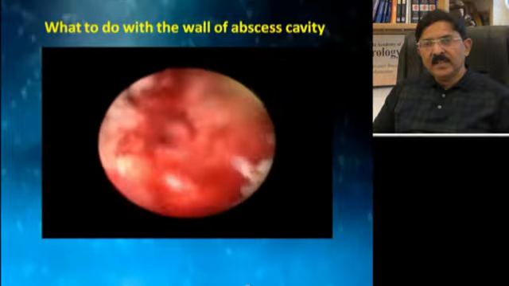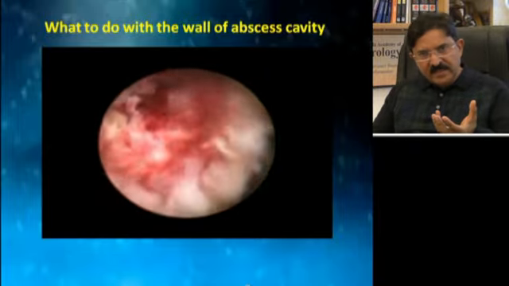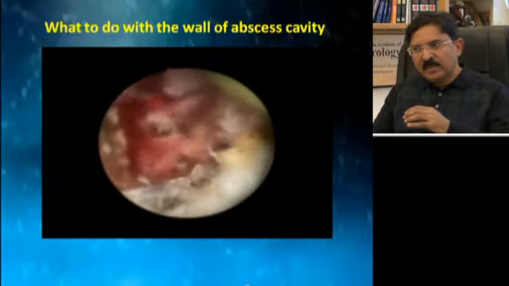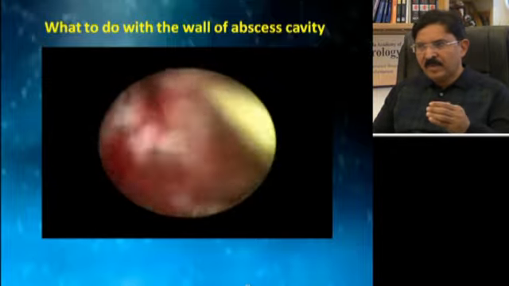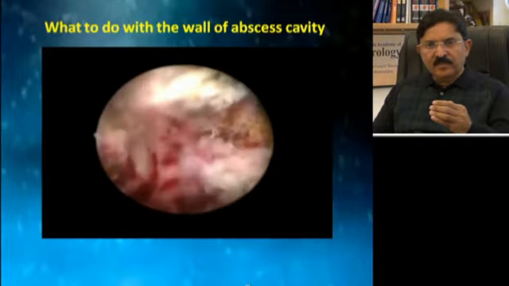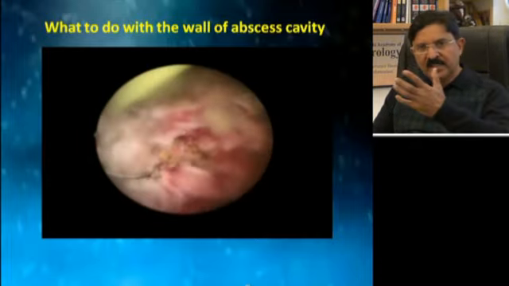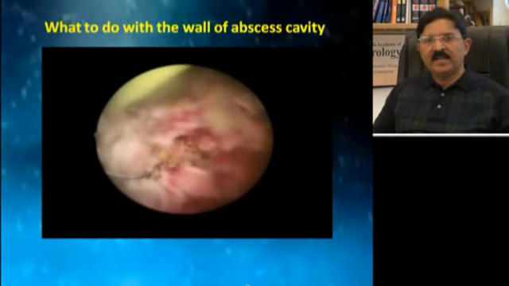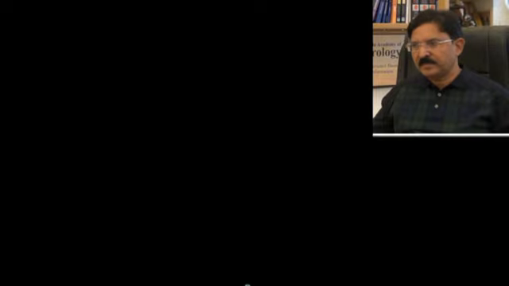What I am trying to say is that in the wall of this large cavity, you can have small micro abscesses all around, and you have to think of removing these micro abscesses from the wall by doing focalized resection at different places. Don't resect the entire abscess wall, but mop up the abscess cavity and resect those micro abscesses so that good drainage is properly done.